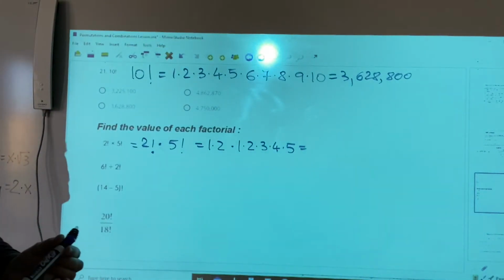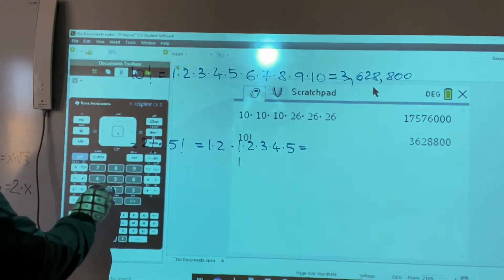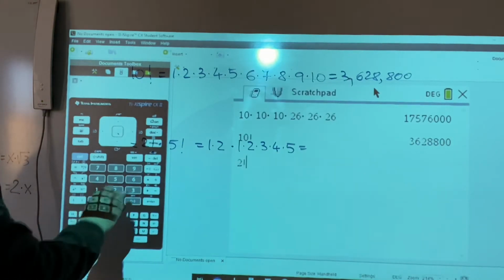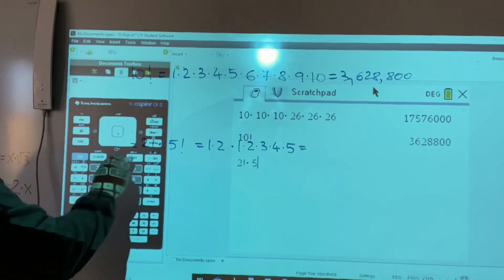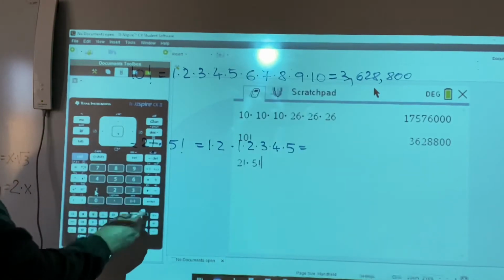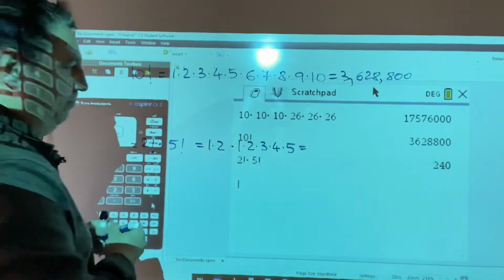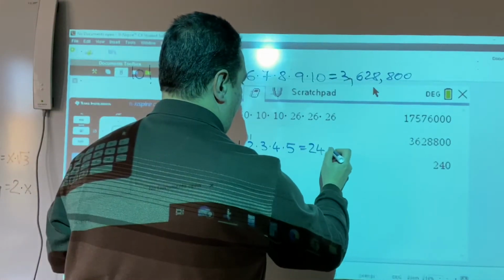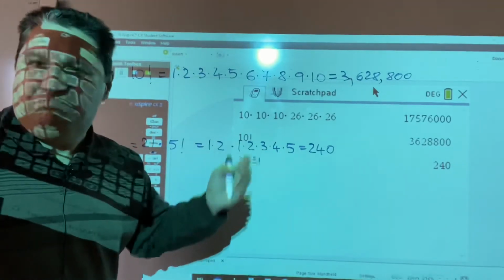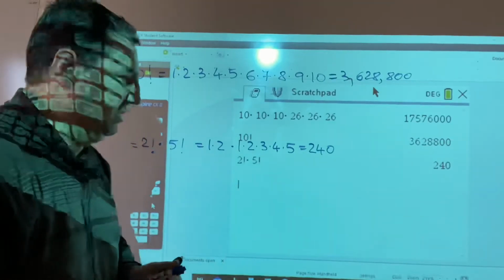Again, we can use the calculator. First we press 2, then menu 5, 1, times 5, menu 5, 1, and then you hit enter. So the result is 240. Or if you like, you can multiply the given numbers. This time you can do that because they are small numbers.